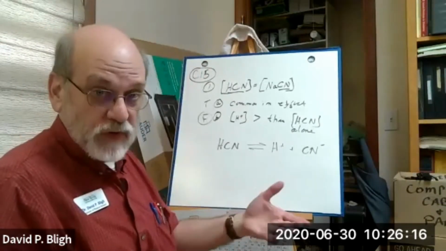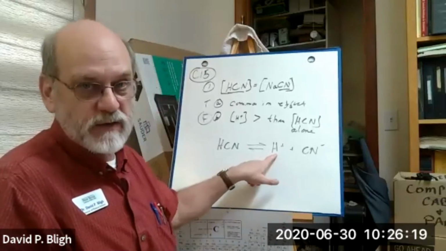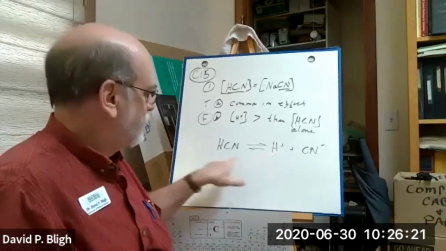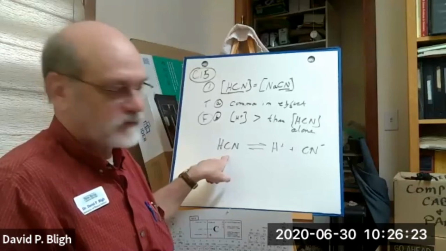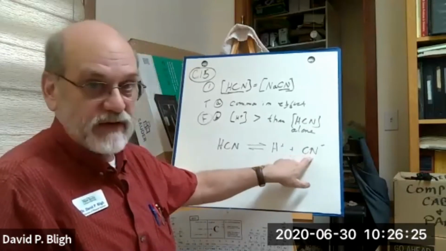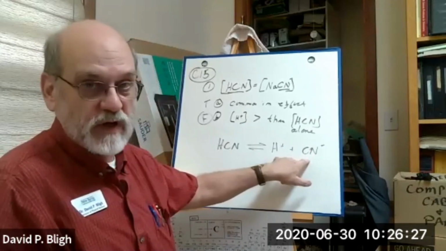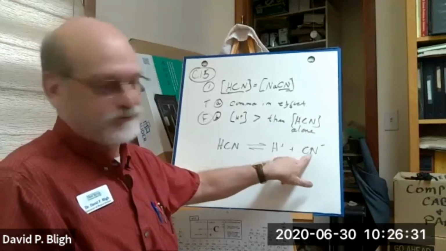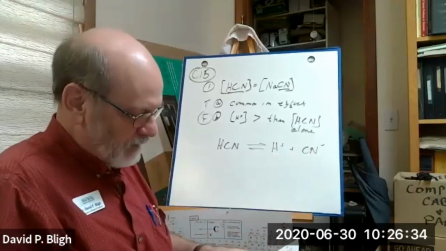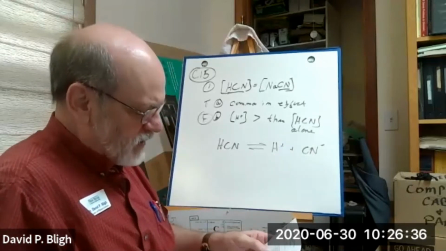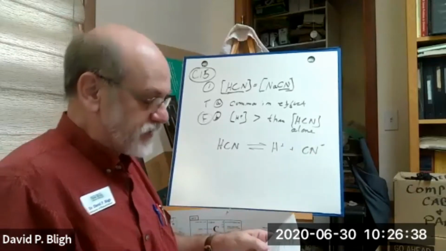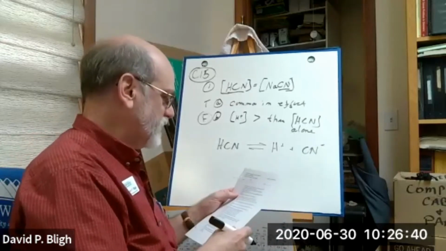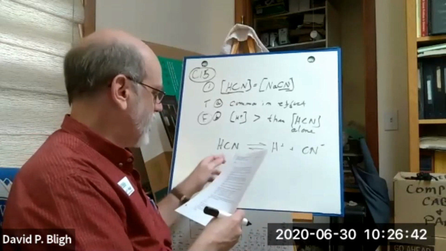And in so doing, it consumes some hydrogen ions and produces this weak acid, right? Because this is a strong base. It's going to pick up any free protons, or actually it's going to steal them from hydronium. And E, addition of sodium hydroxide will increase the cyanide ion and decrease that.